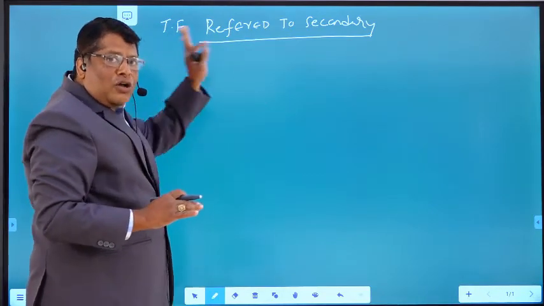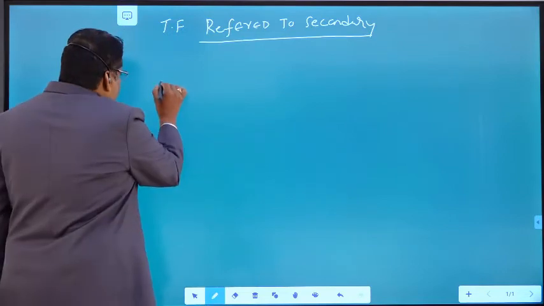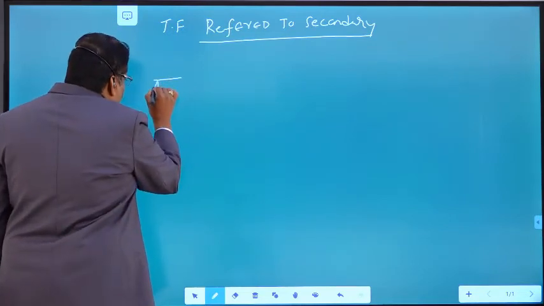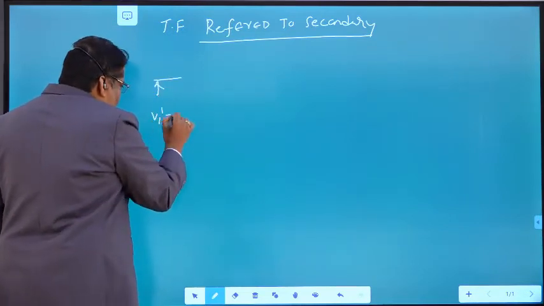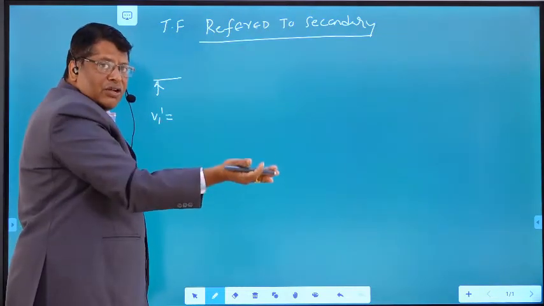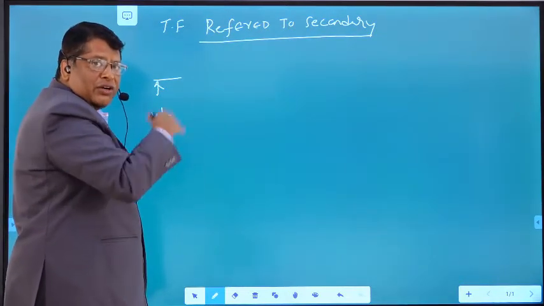Initially we get V1 dash. V1 is the supply primary voltage that we are transferring to the secondary.